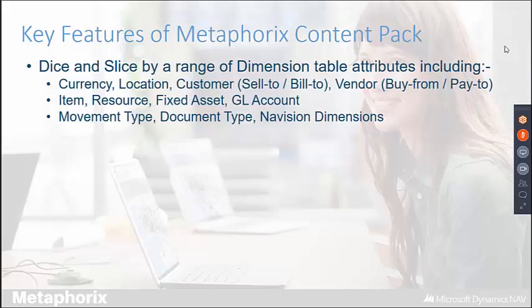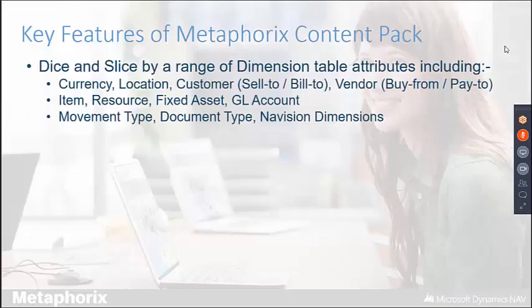So we include a range of dimensions, including currencies, locations, customer attributes in terms of the account name, the region, county, territory, those sorts of things. Vendors, we also include item and item attributes, resources, fixed assets, and GL accounts. And in terms of movements, inventory movements, and documents, we have movement types, we have document types, and as I say, we also have division dimensions.